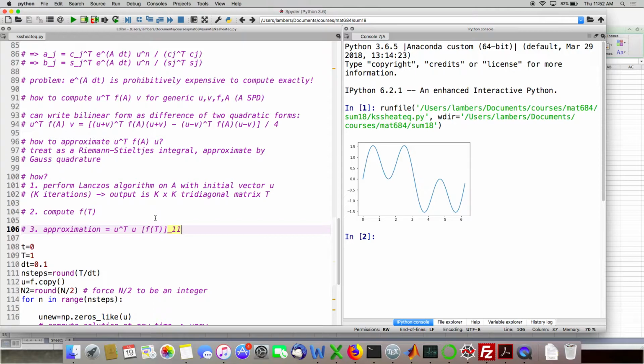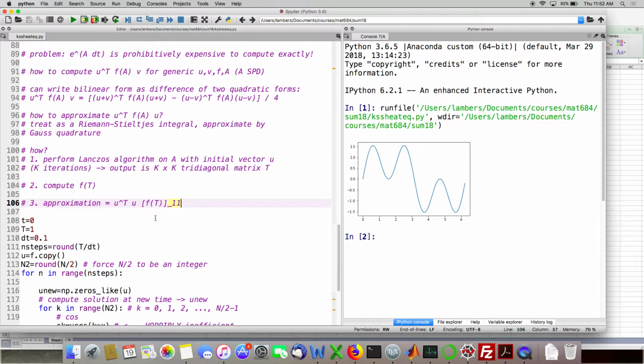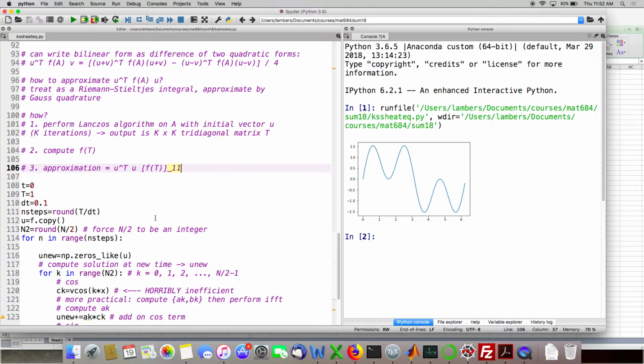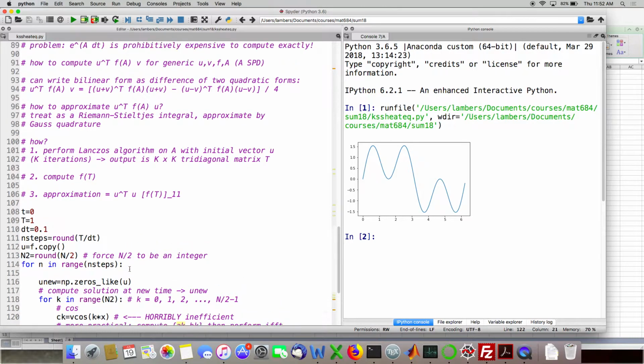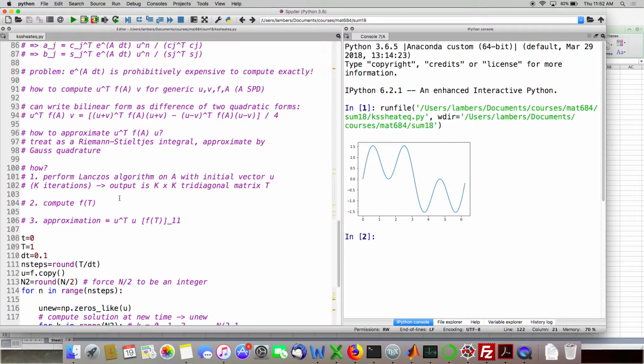I'm going to work from the top down here. To compute AK, I need a function that will compute a bilinear form for me. So I'll write that function.